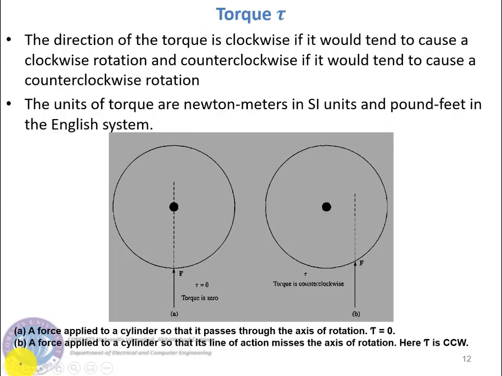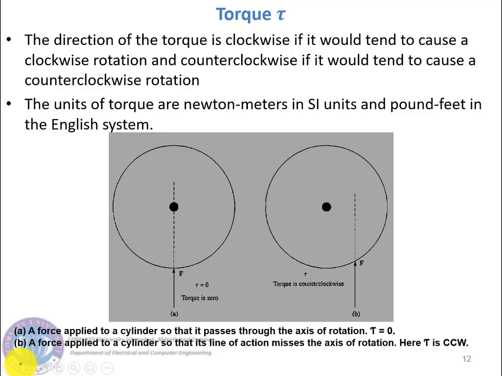Now there is another important quantity which we call torque. Torque is obviously an important quantity in rotational machines. The direction of the torque is clockwise if it would tend to cause a clockwise rotation.